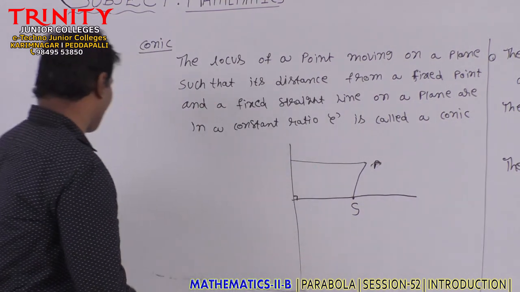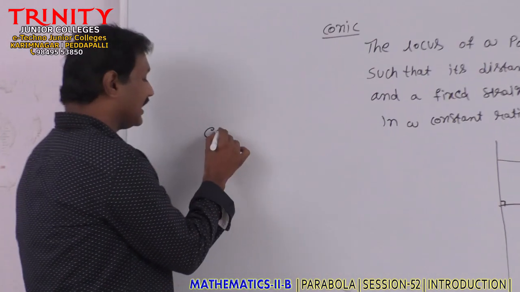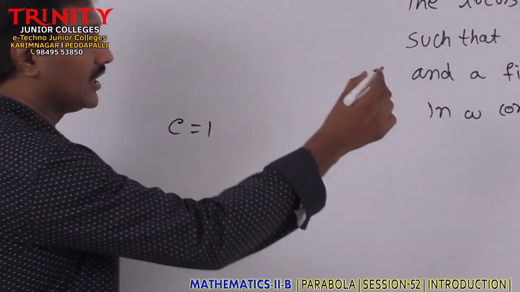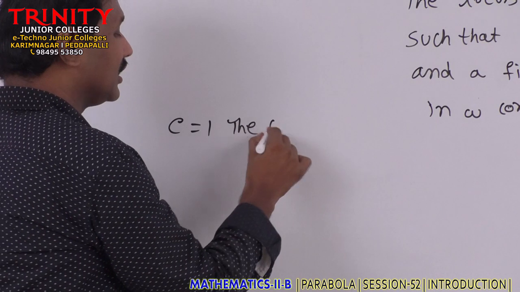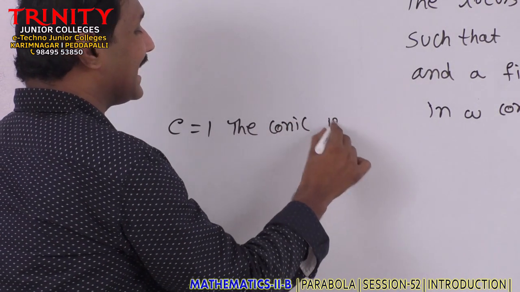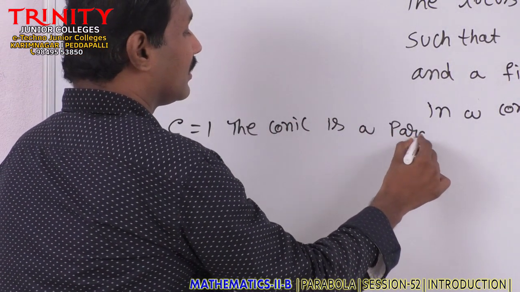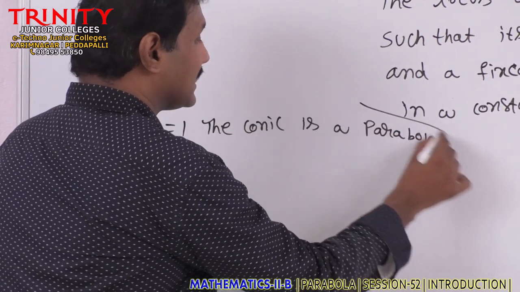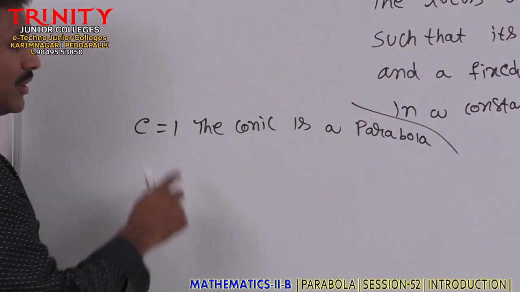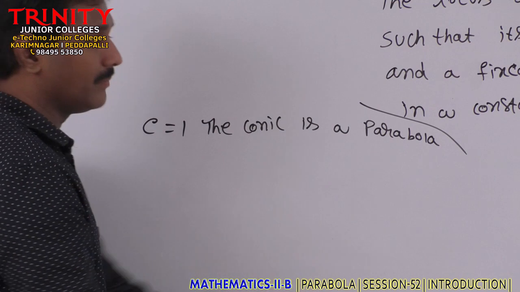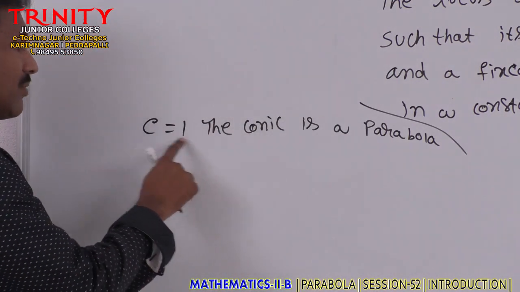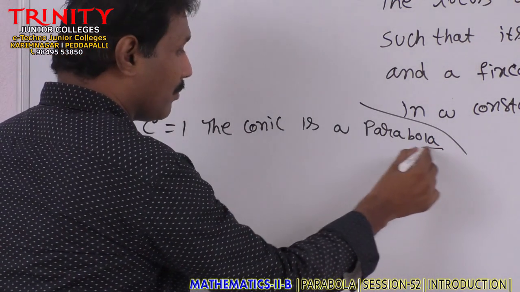In this case, suppose the ratio E equal to 1, that means SP by PM equal to 1. The conic is a parabola.